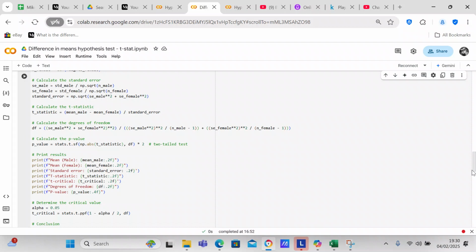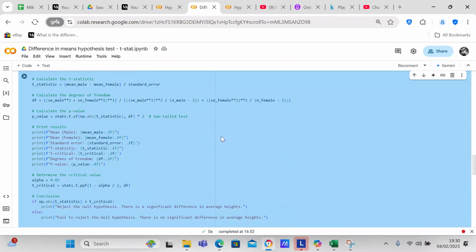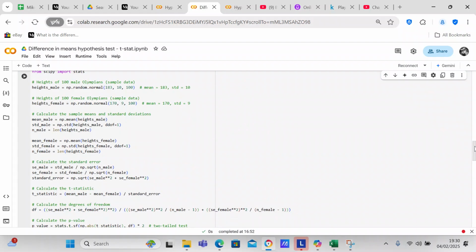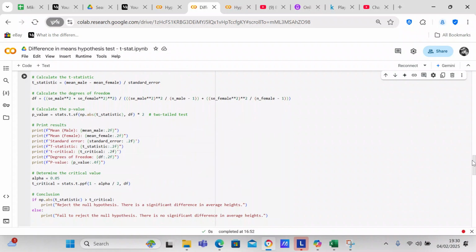And now we're going to calculate the t-statistic. So your t-statistic equals mean_male minus mean_female divided by standard error.